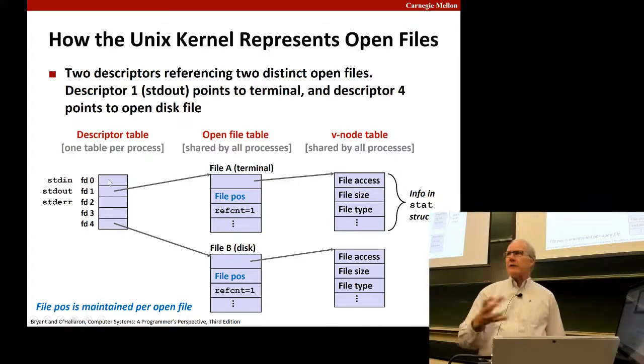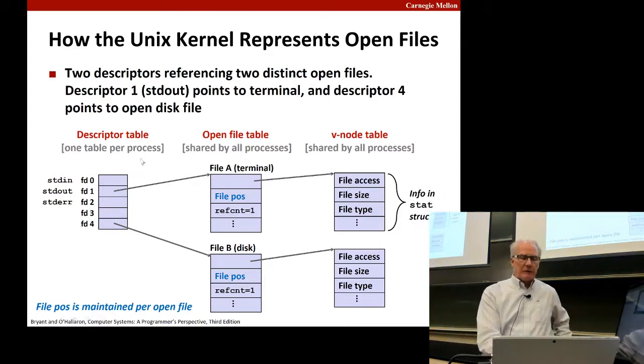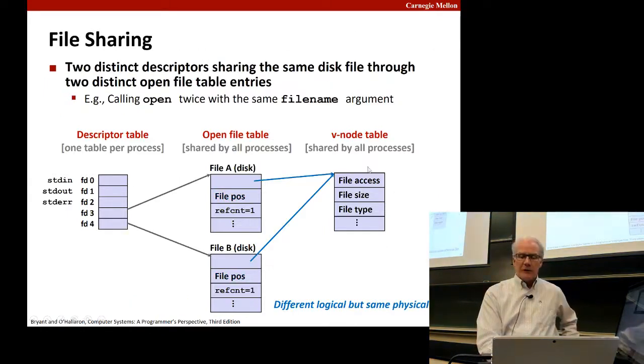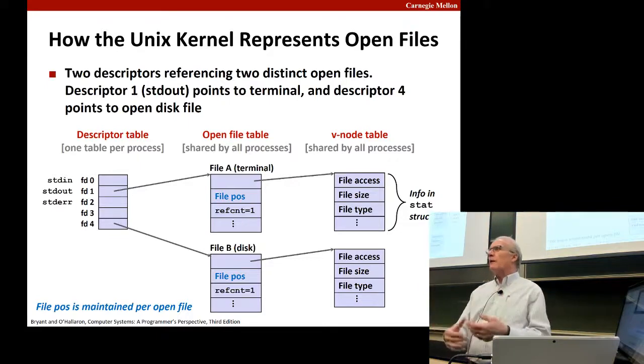So each process has this array or table stored somewhere within its representation. And then every file in the system has a vnode entry, which is information about that file, where it's located, all that protection information, because if it's a file that you want to save over time, that information has to live beyond the time of a particular process.